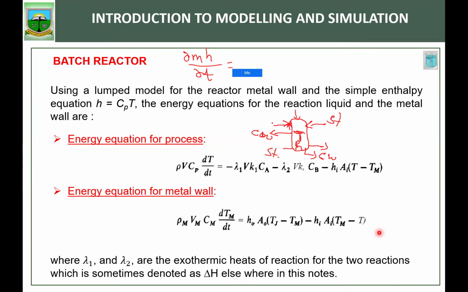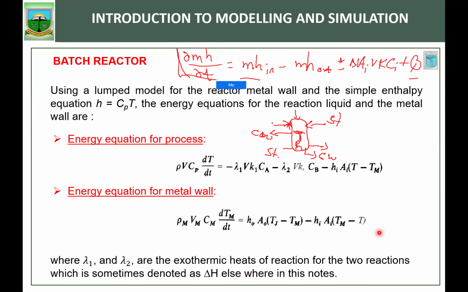Is equal to mass H in minus mass H out, if you remember, plus or minus the heat generation term from the reaction. So we had what we call delta H_i, if you remember, times K C_i, that's the concentration, right? Then we had plus Q. Okay, so this is the total mass we established from our previous lecture.